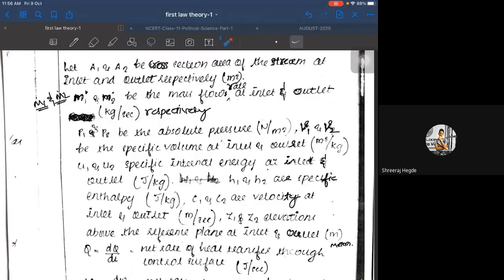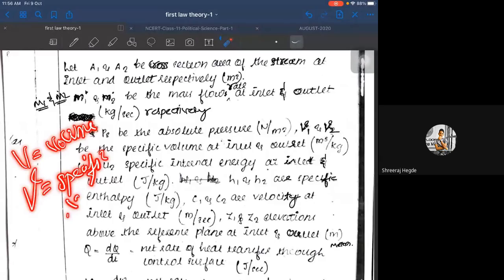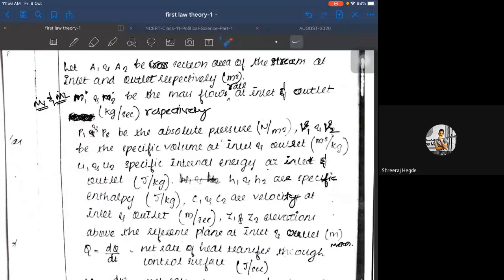P1 and P2 are the absolute pressures in Newton per meter square, and small v1 and small v2 are the specific volumes. Just remember, capital V is your volume, and small v is your specific volume.